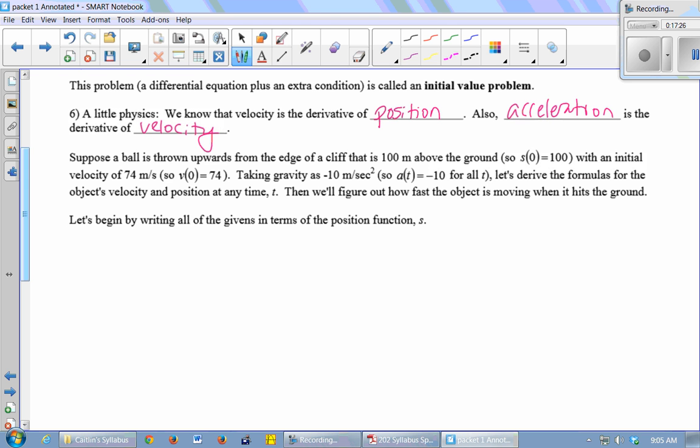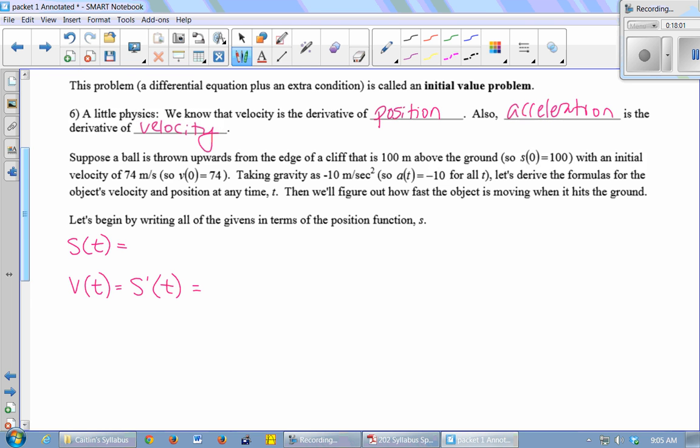So I want to derive the formulas for the object's velocity and position at any time t. And we'll figure out how fast the object is moving when it hits the ground. So I'm going to begin by writing all of the givens in terms of the position function s. So s of t is going to be some formula I don't know, right? v of t is s prime of t.